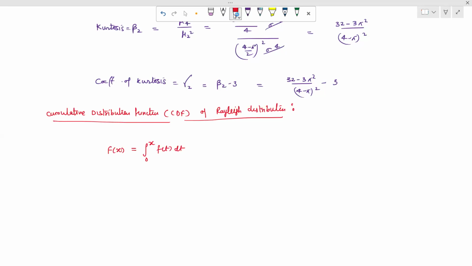Here we have the limit in x, so we can change the function in the form of t. So we write this as the integration from 0 to x of f(t) dt, where f(t) means t upon sigma square e raised to the power minus t square upon 2 sigma square into dt.